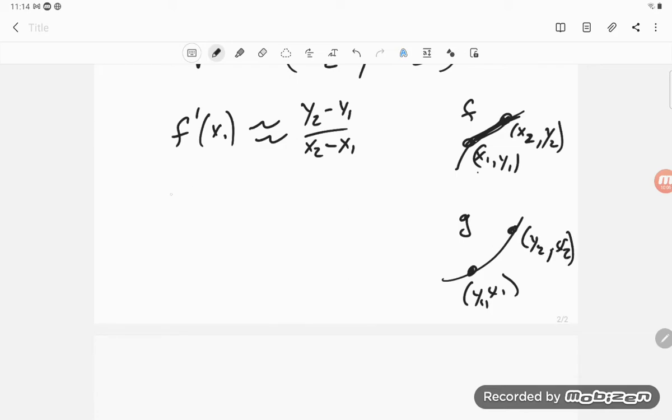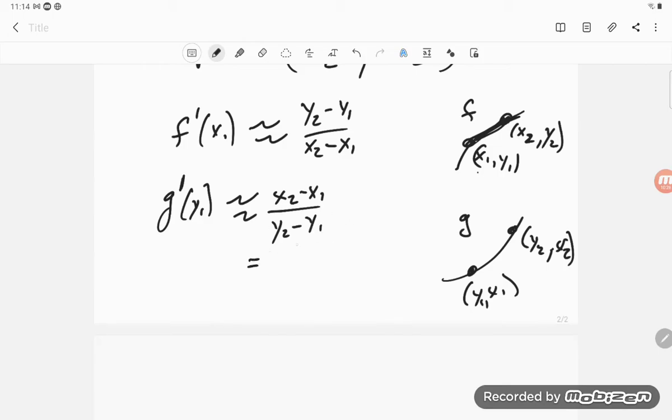And so if I want to approximate g prime at the y1, that is about, again, taking the difference in the second coordinates, that would be x2 minus x1, and then the difference in the first coordinates, that'd be y2 minus y1.